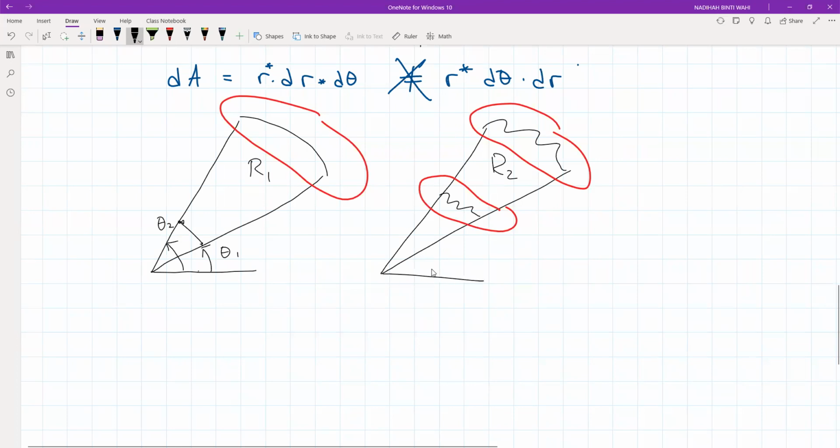Theta always start from constant value. Let's say this one is pi over 4, and then this one is pi over 3. Okay, so theta dia tak ada variable.